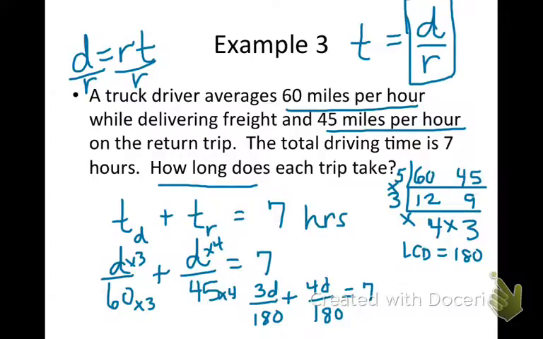So I can add the like terms, so I get 3d plus 4d, which is 7d over 180, is equal to 7. I'm switching colors here to make it a little easier for the next step. So I can multiply both sides by 180.